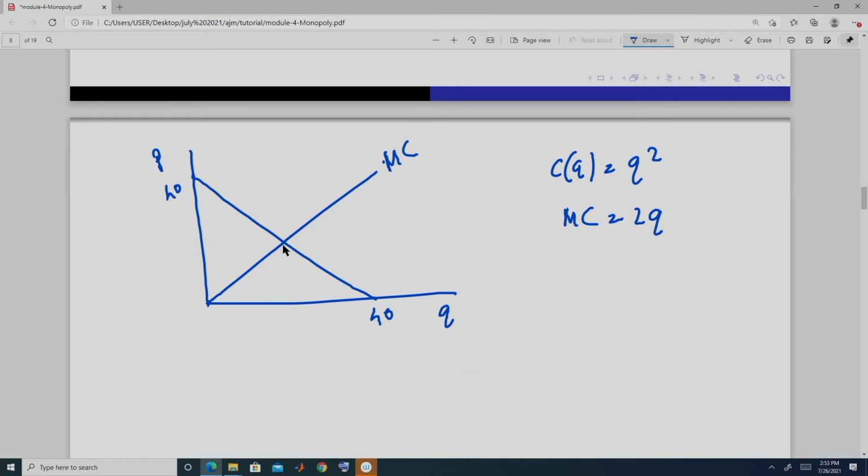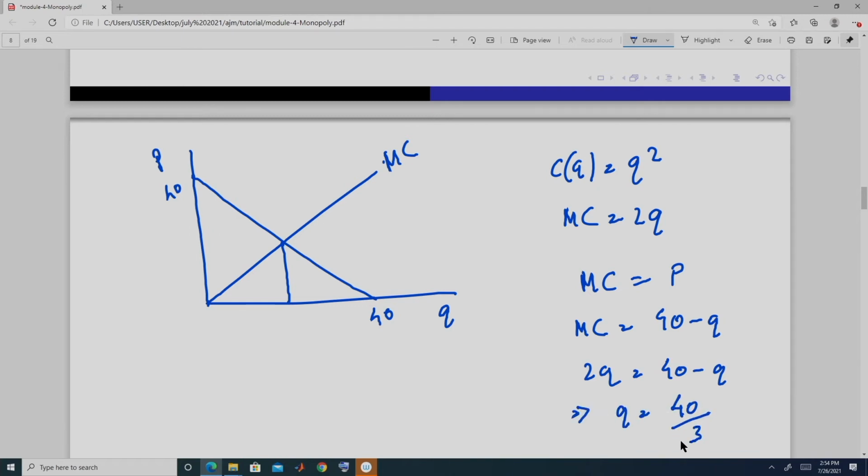This point is where MC is equal to price. So, it is 40 minus q equals 2q, so this point is 40 divided by 3. Okay.